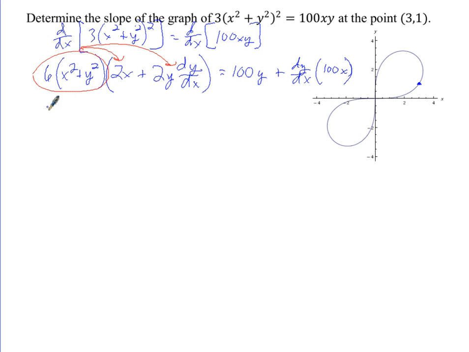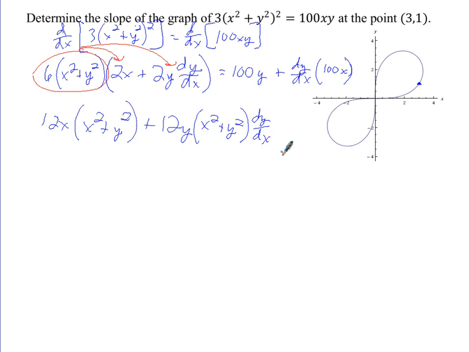So 6 times 2x. So the 6 times 2x becomes 12x, times x squared plus y squared. Good? Okay. Now we're distributing this to here, and that becomes 12y, x squared plus y squared, dy over dx.